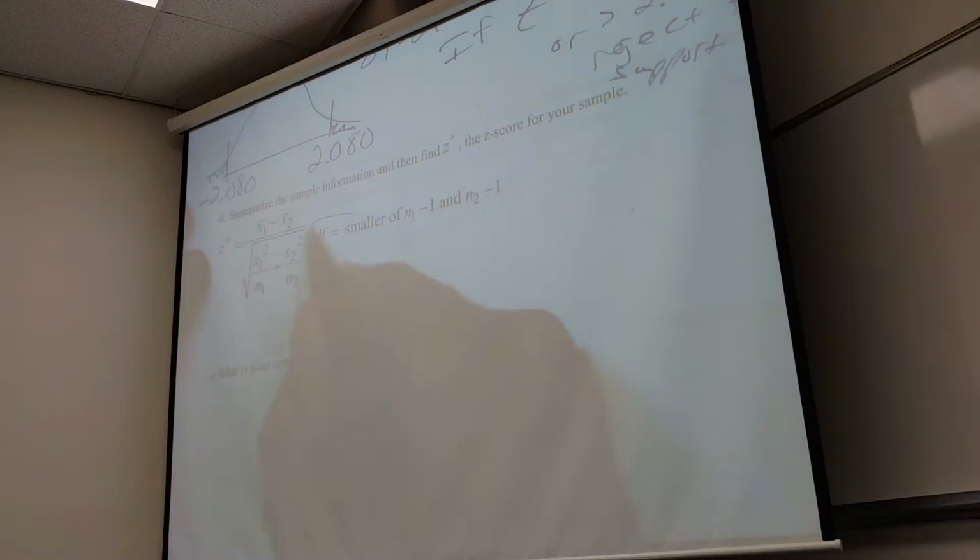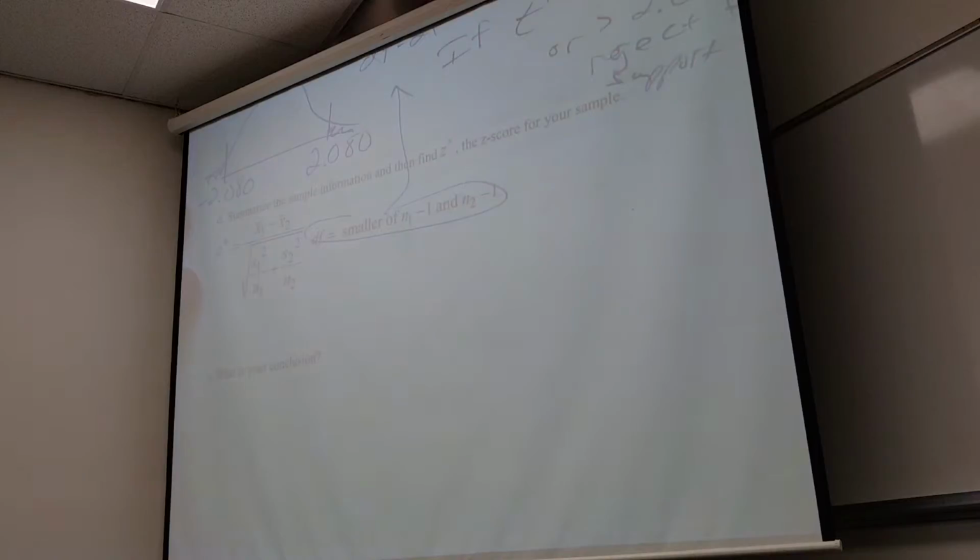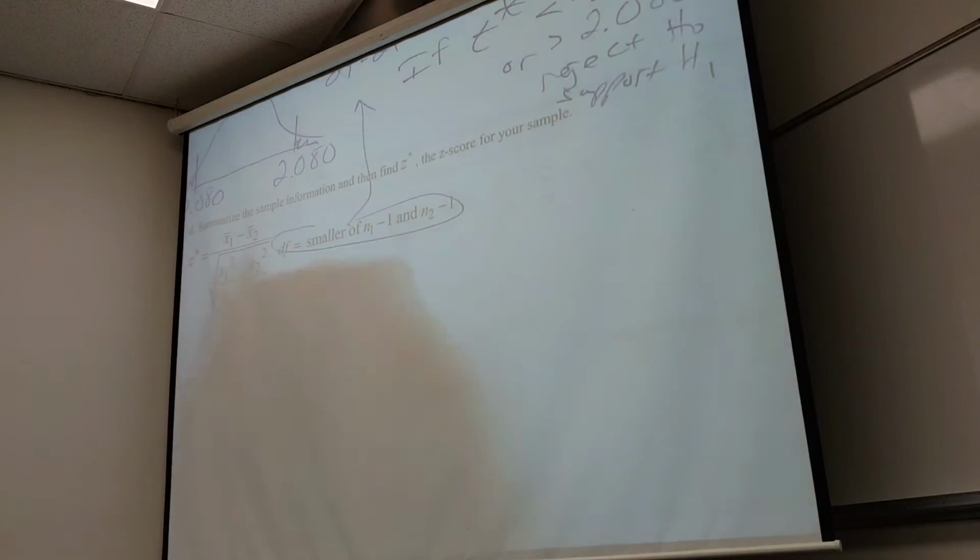Oh, I should have put that up there. So now you just got to plug and chug. Yes? Oh, over there. Okay, sorry. So now you just put it in your calculator. It's going to look like this here. One was the women.